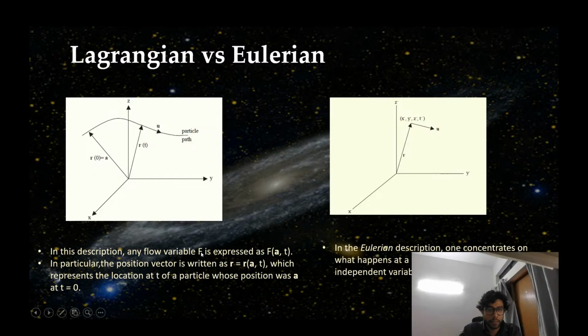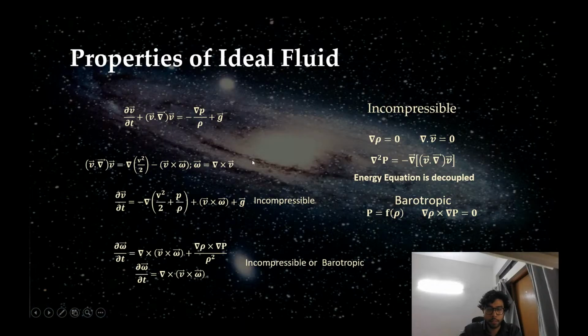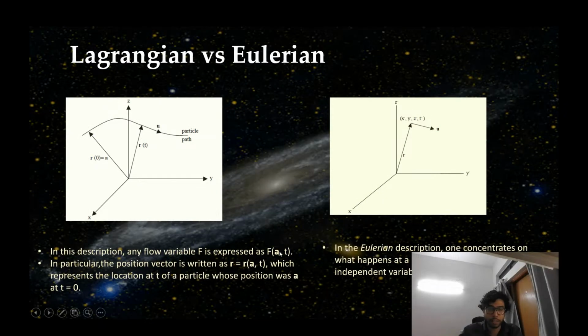But any flow variable can be expressed as a function of A and t, right? If you know where the particle started from and you know at what time you want the variable, you can calculate it. And any position vector at any given time t, this position vector will be a function of A, comma t, right?